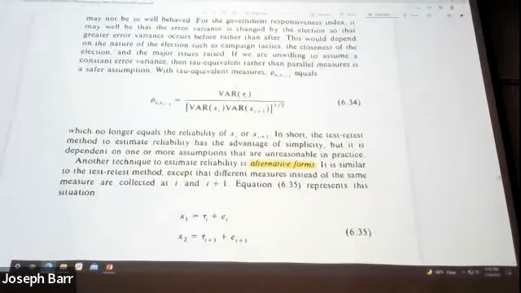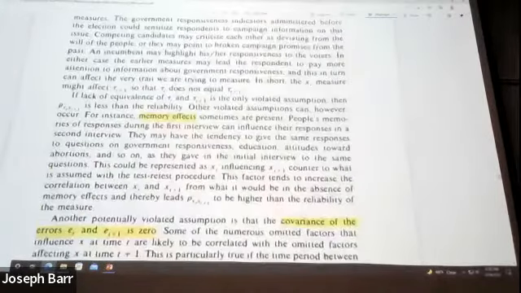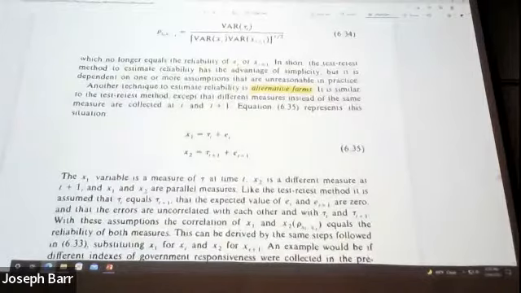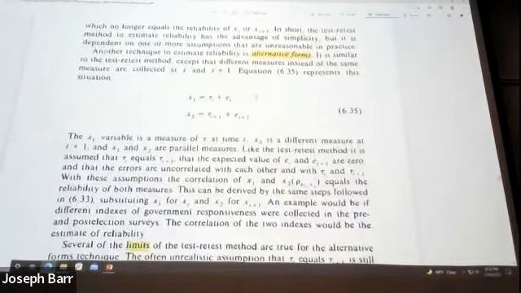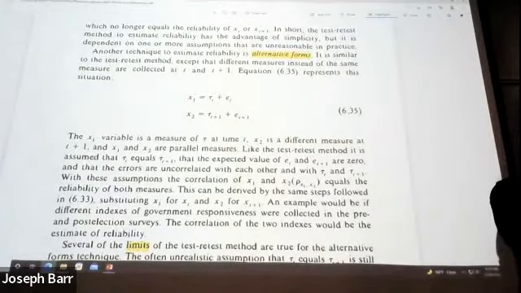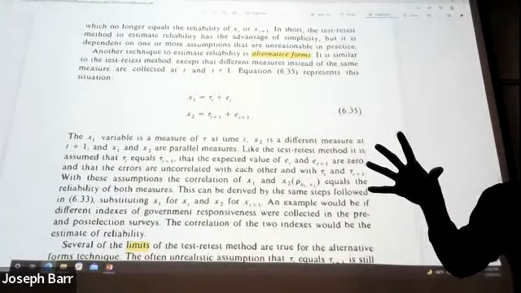Due to a lot of limitations of the first method, we have alternative forms. That means these two tests are not exactly the same. For the first method, they are exactly the same test; we just do it twice.